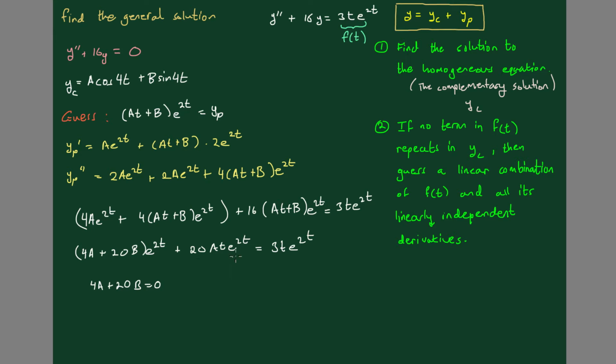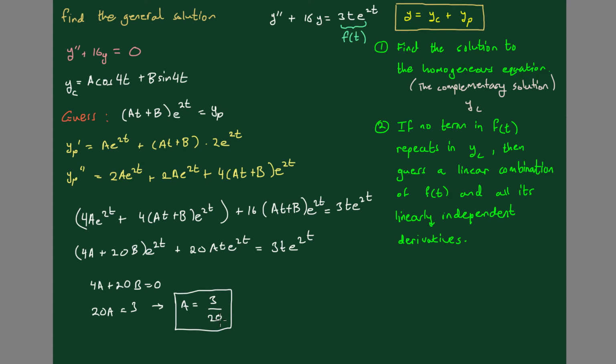And then we take a look at this term here, and we know that there's a similar term right here, a t e to the 2t term. So that means 20a must be equal to 3. So we have 20 times a equals 3, which gives a is equal to 3 divided by 20.